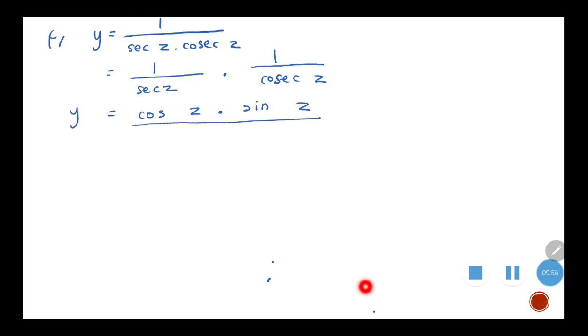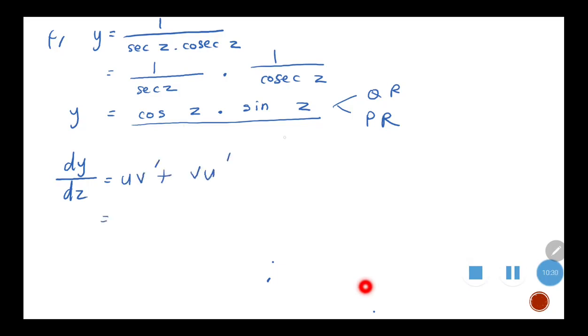When you look at this, do you know which rule should we use? Is it the quotient rule or the product rule? Yes, we should use the product rule because there is no denominator or numerator, right? Okay, so for product rule, what is the equation again? So this is dy over dz. For product rule, it is uv prime plus vu prime.